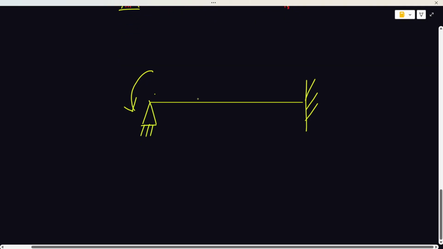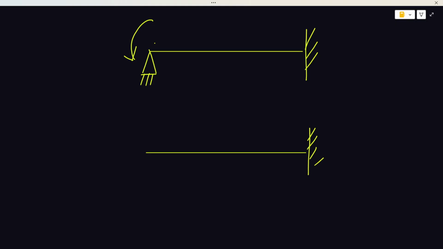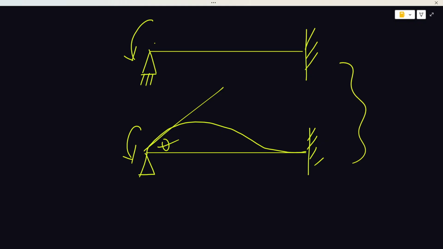So it means that we'll be having this diagram, something like this. Exactly. Theta for a moment applied. So once again, this is our first scenario, first case.